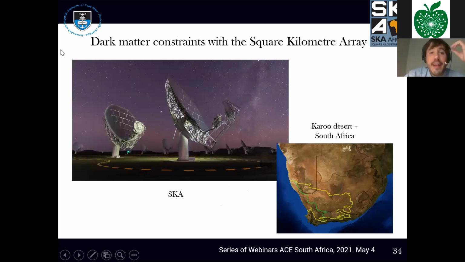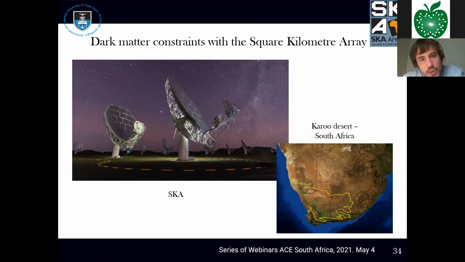Good. And one of the ways I excluded dark matter is through radio frequencies. So dark matter annihilating, and the final state of that annihilation is radio waves. There are some things in the middle that I'm not going to explain, but what you get at the end is radio waves. So during my thesis, I tried to constrain dark matter with the Square Kilometre Array.